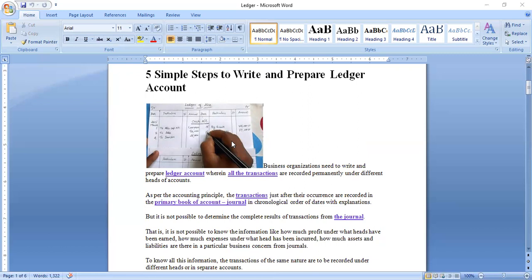So that's why the journal is a primary book of the accounting system. We cannot easily find a specific result from the journal book.